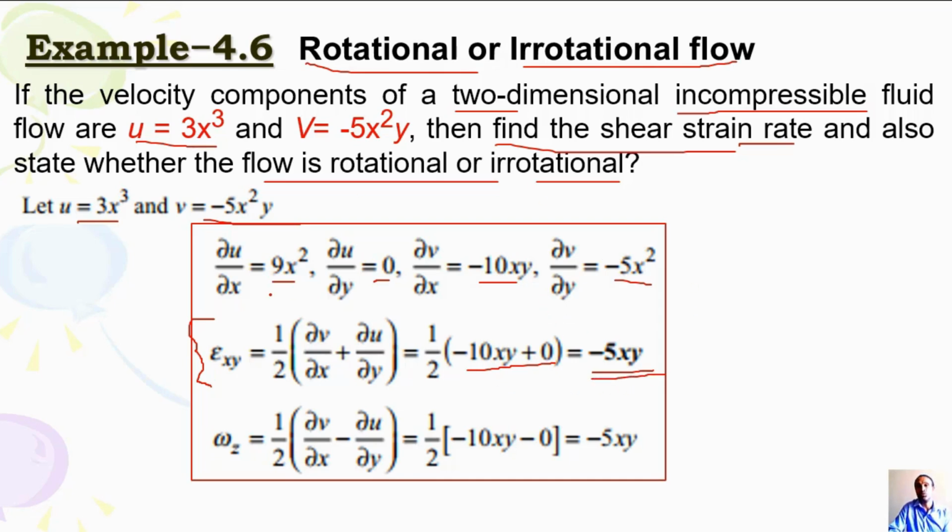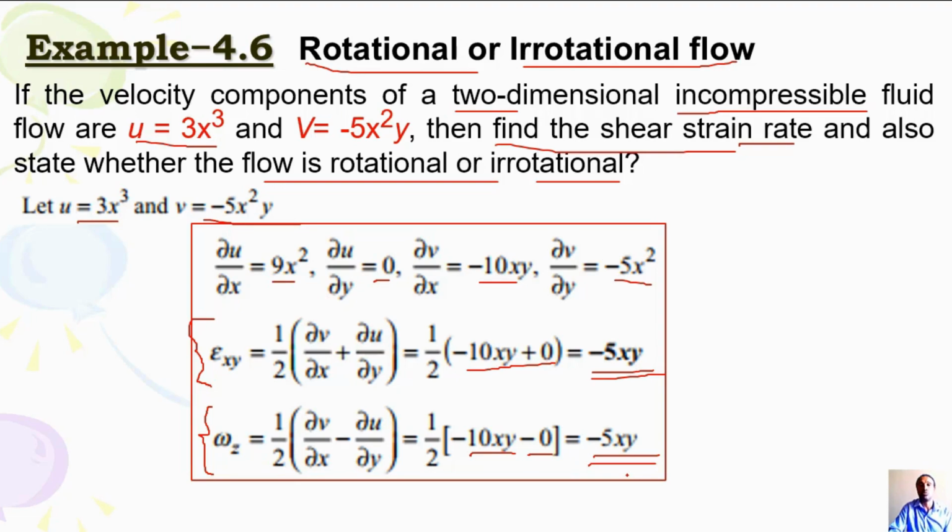And whether it is rotational or irrotational, you will check the angular velocity with respect to z, which is 1 over 2 of del v del x minus del u del y. You substitute, then you get this result.